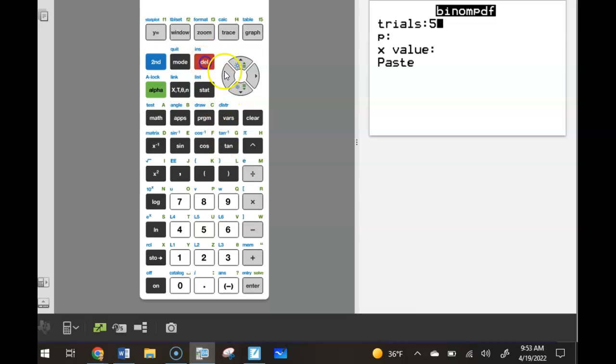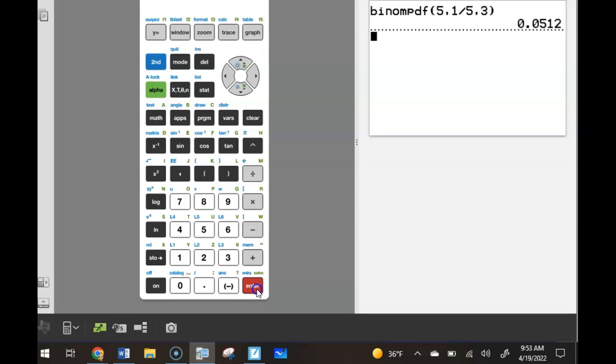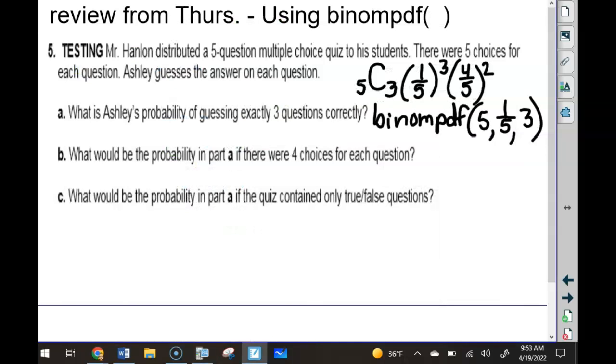Not 55, Hofbauer. All right, probability of success was 1 out of 5, 0.2. And the number of successes was 3. She wanted to get exactly 3 right. So 0.0512, did someone else get that? Okay. Or about 5.1%.